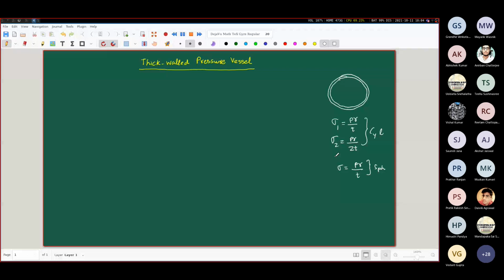But the key point to understand here is that within the thickness, suppose you zoom into this thickness, then over this thickness T, these formulas do not give us any way of representing the possible variation of the stresses within this thickness.